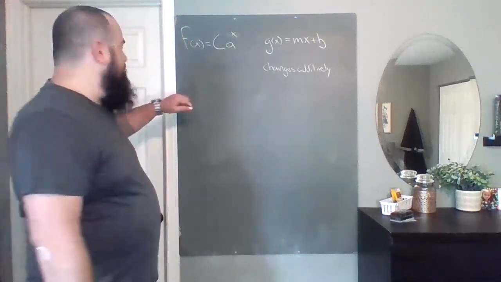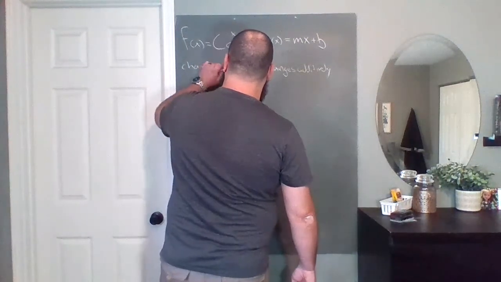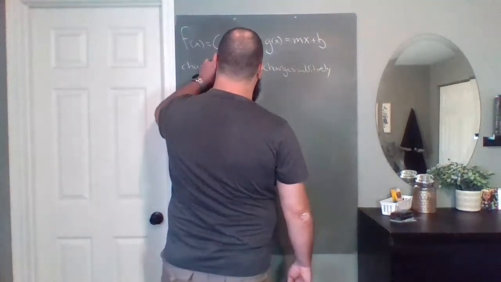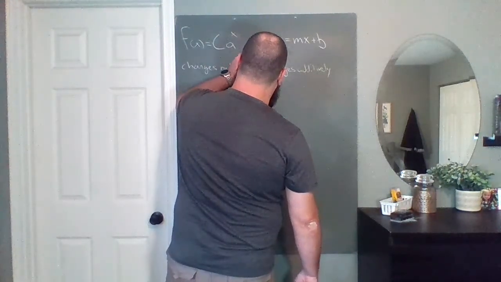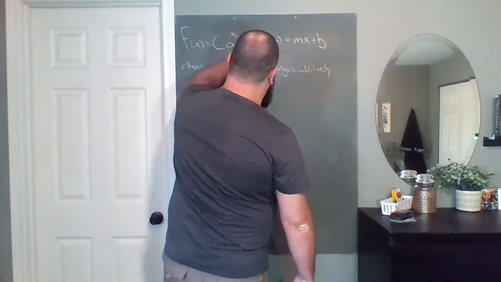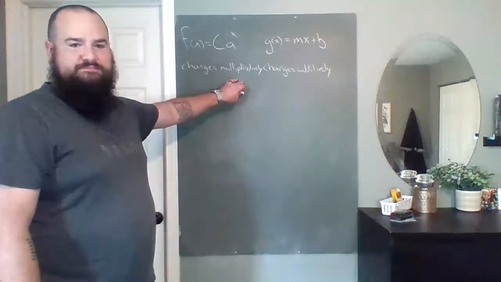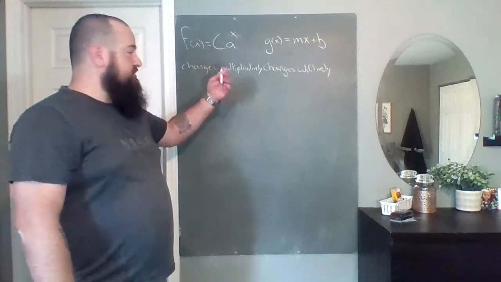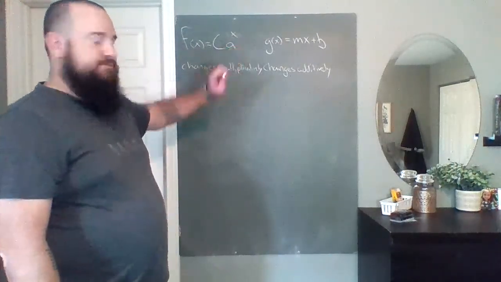Whereas an exponential function changes multiplicatively, which means every time x goes up by 1, we're going to multiply by a fixed amount. And in this case here, that amount is a, which is really cool.